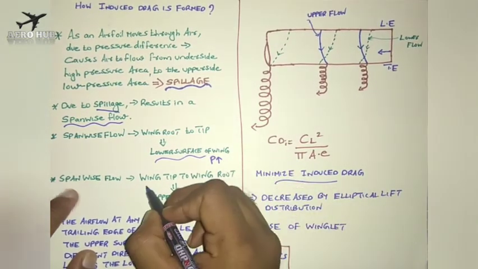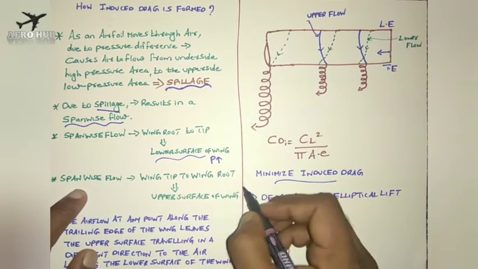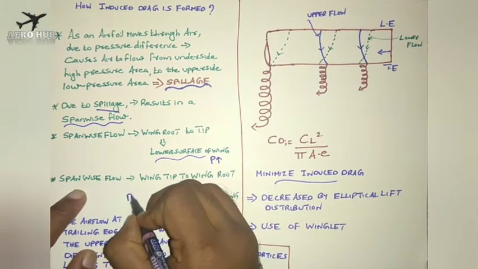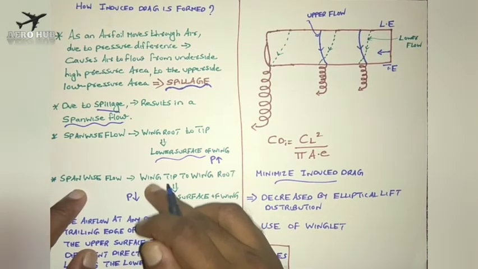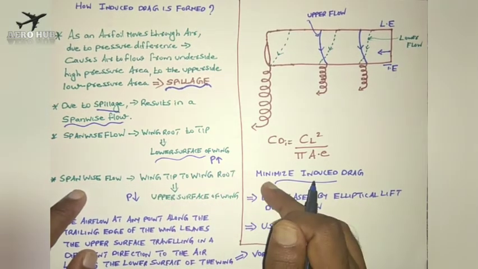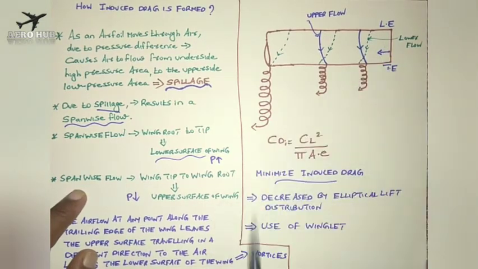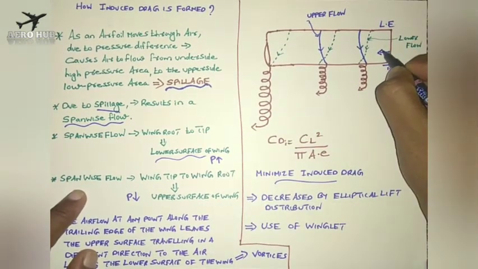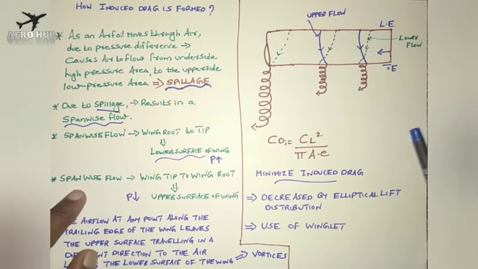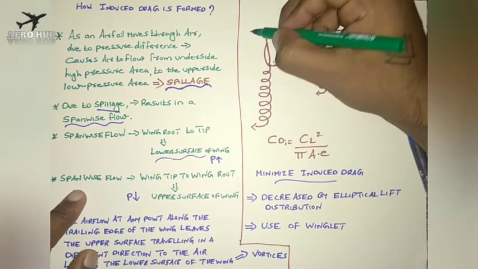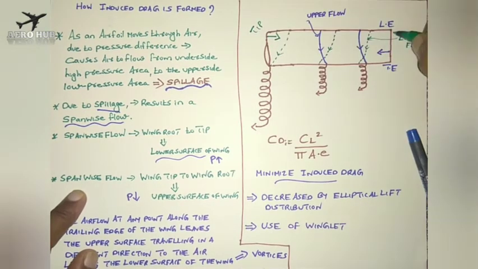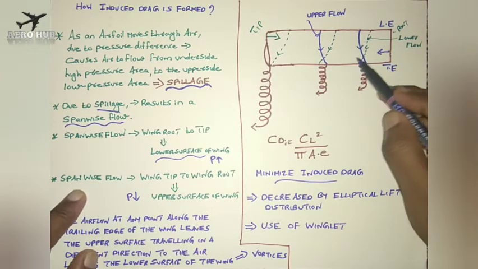For the upper surface, where the pressure is less compared to the lower surface, the spanwise flow is from wing tip to wing root. This is the tip, and this one is the root. And the lower surface flow will be from wing root to wing tip.